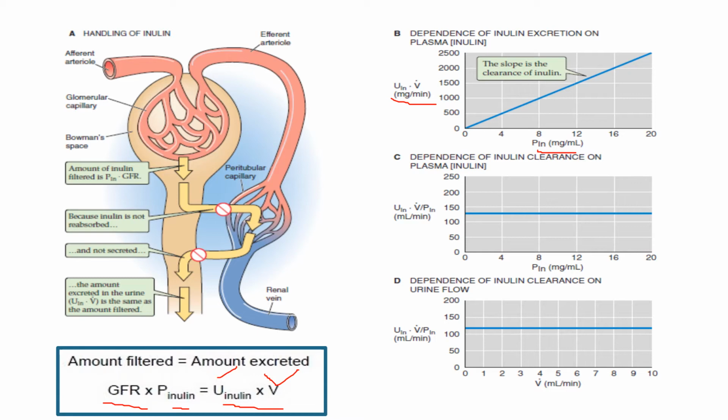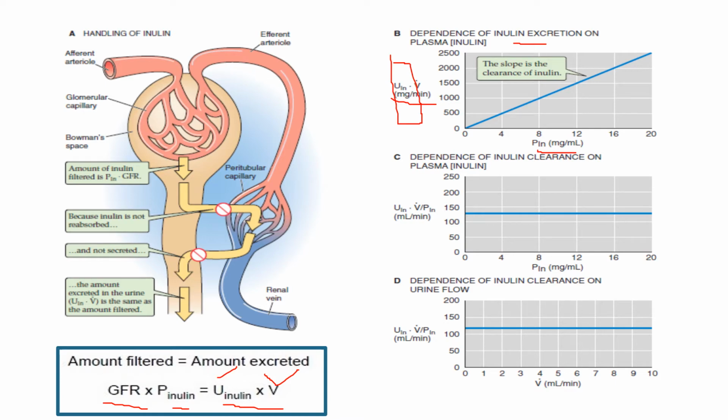We will see that the inulin excretion rate is directly proportional to the plasma concentration of inulin. As we increase the plasma concentration, there is a gradual increase in the excretion or elimination rate.